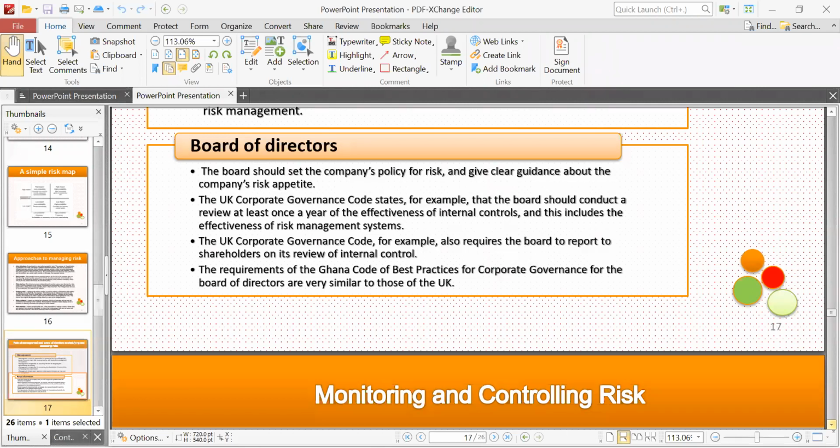The UK Corporate Governance Code states, for example, that the board should conduct a review at least once a year of the effectiveness of internal controls. We cannot talk about risk without talking about internal controls.